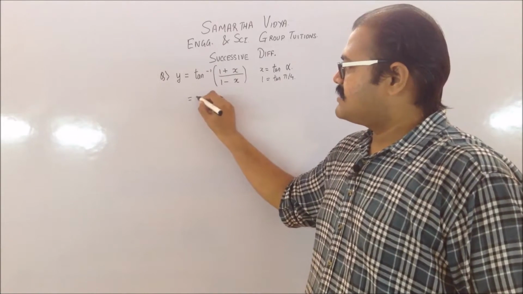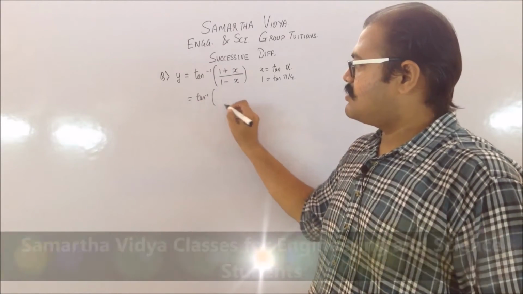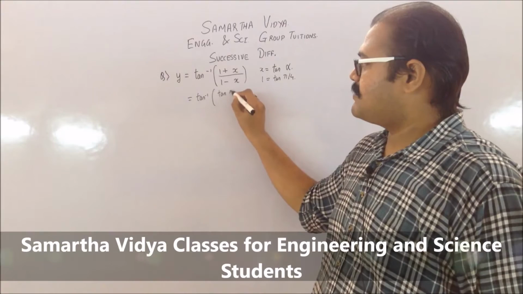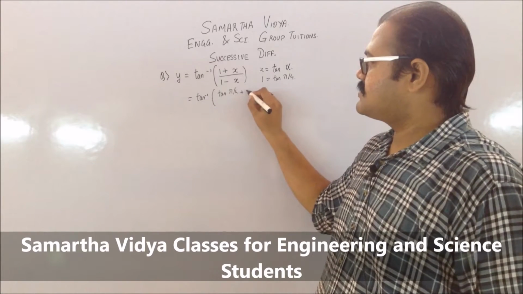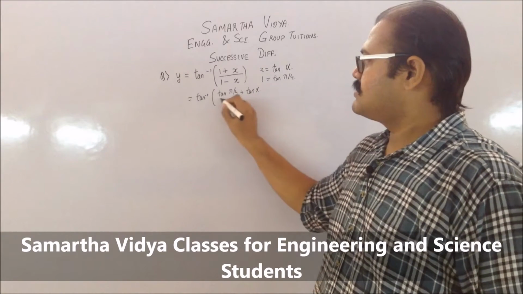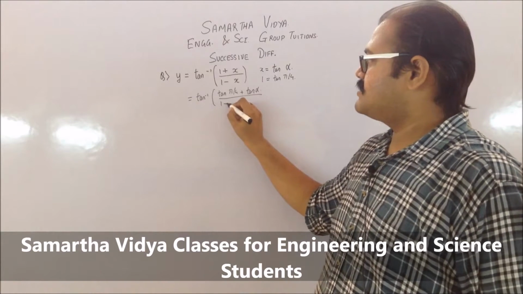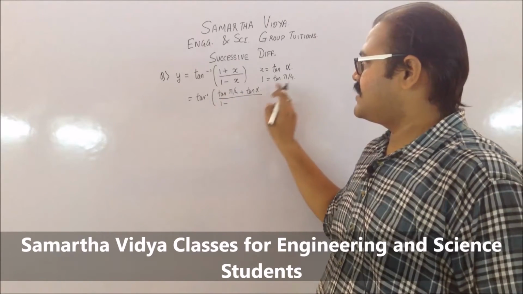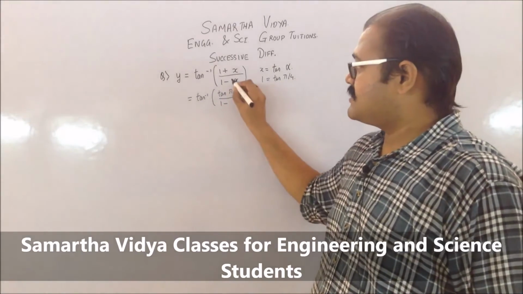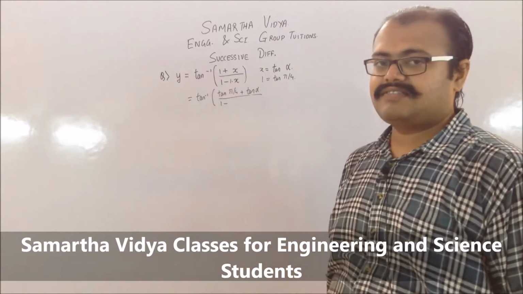So you will be having this as tan inverse of tan pi by 4 plus tan alpha divided by 1 minus this 1. You won't be writing it as tan pi by 4, but you can see that it is basically 1 into x which is present.